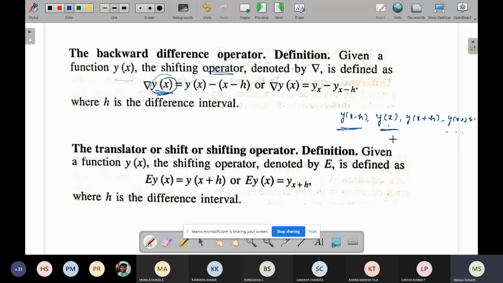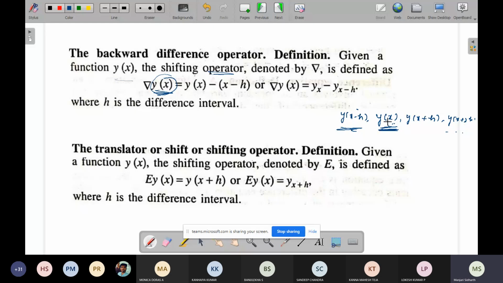Okay, now backward means you are finding the difference between yx and its preceding term, the one term before.